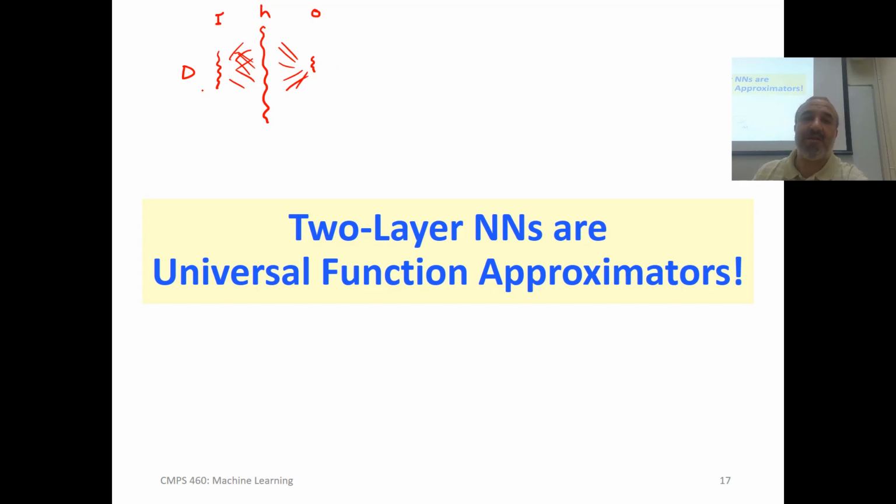This is also finite. The only thing we don't know is how wide this layer is, how many units we have here. The theory doesn't tell us how many units.